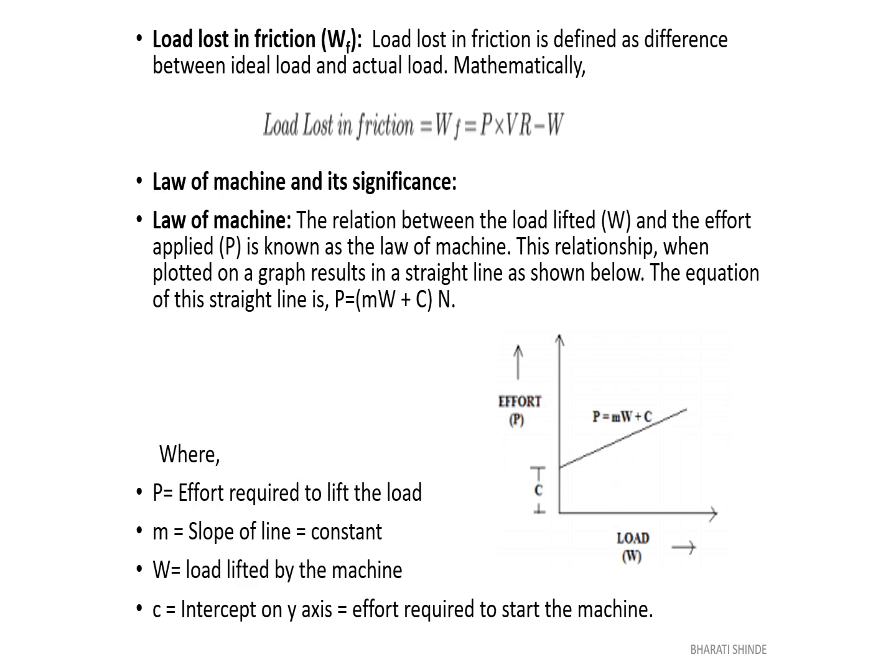The equation of the straight line is P is equal to mW plus C, in Newton. In that equation, P is the effort required to lift the load, m is the slope of the line, W is the load lifted by the machine, and C is the intercept on the y-axis, that is nothing but the effort required to start the machine.